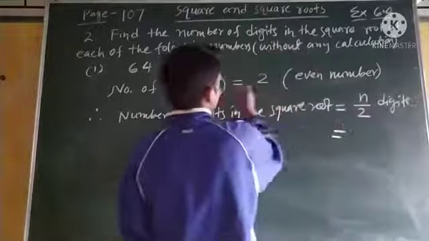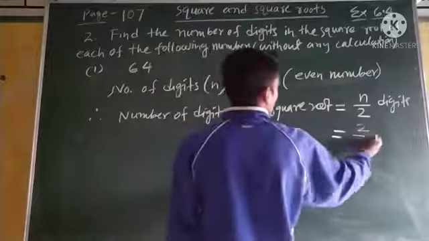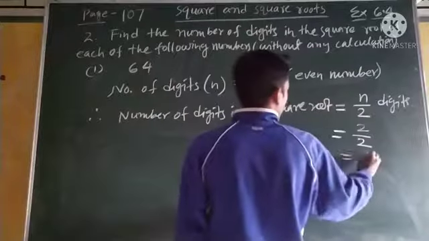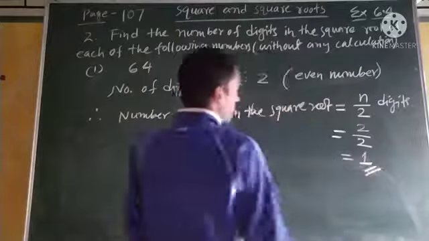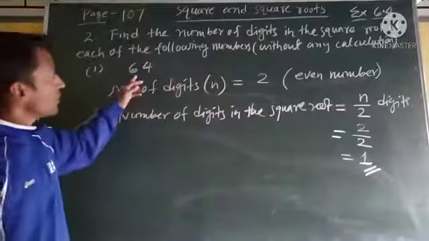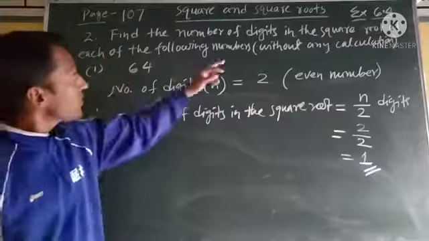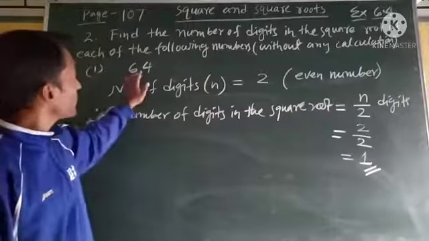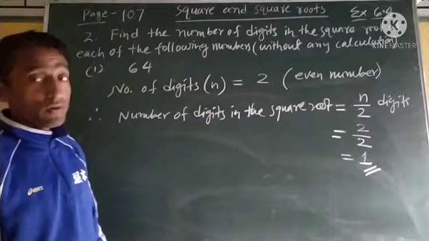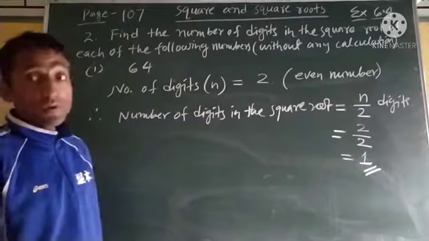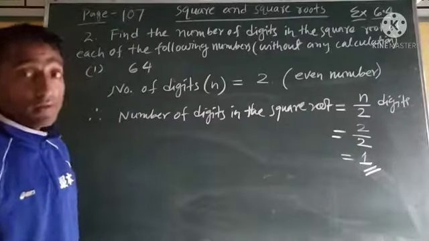So n we get here, how much? 2. 2 by 2 is how much? 2 by 2 is 1. That means in the square root of 64 you will have 1 digit. Find the number of digits in the square root of the number 64. That means if you find the square root of 64, then you will get 1 digit.